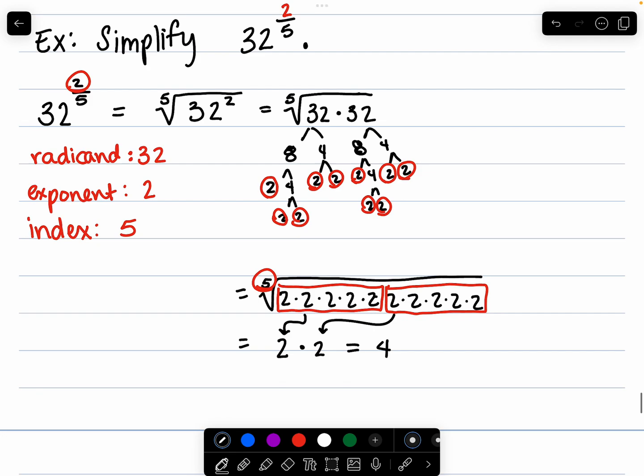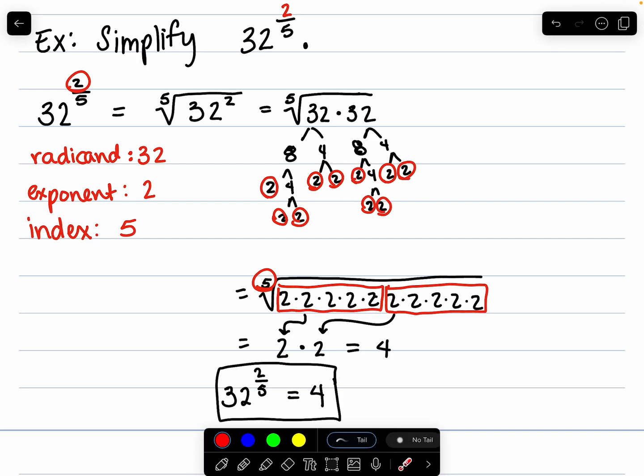So 32 to the 2 over 5 is equal to 4. Okay. So you are looking for the amount of groups based on your index. If you have any questions, write it in the comments so I can get back to you.